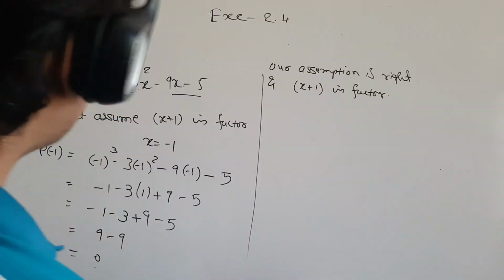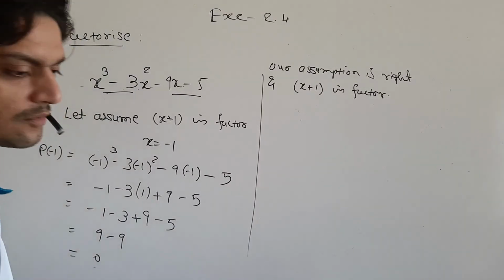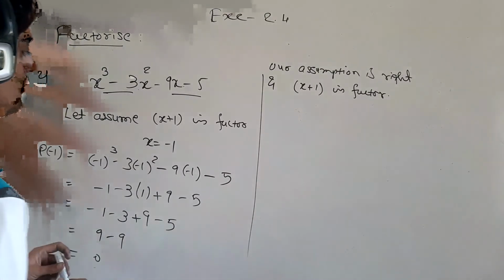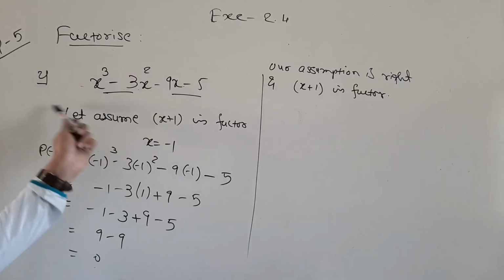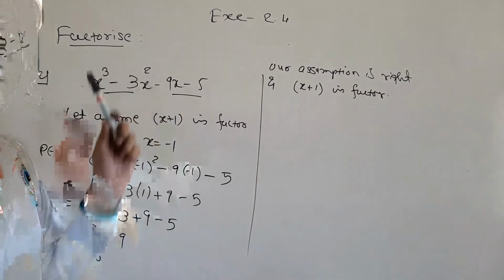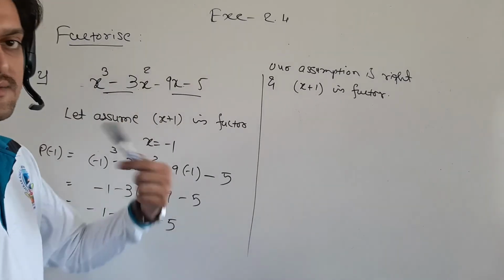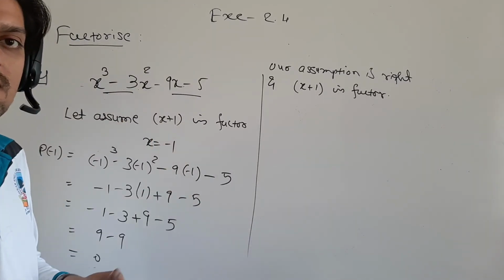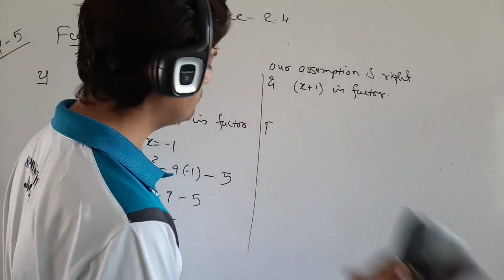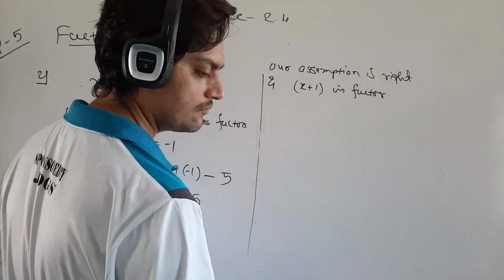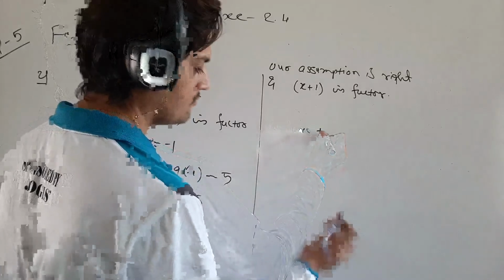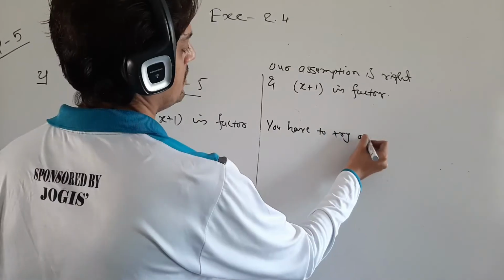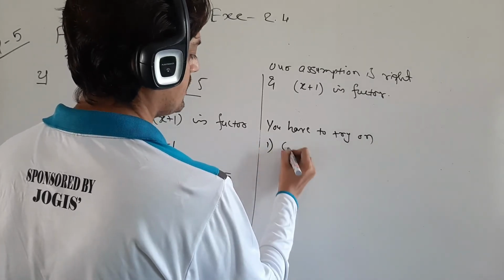Again I am repeating, because last time you people had trouble. See here, for any type of factorization method, a square minus b square method, a whole square method, a plus b, a minus b whole square method, try one at a time. You have to try first x plus 1.